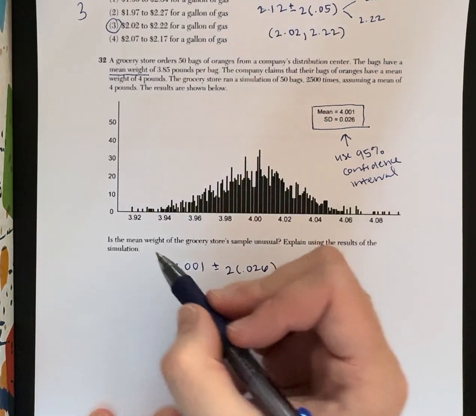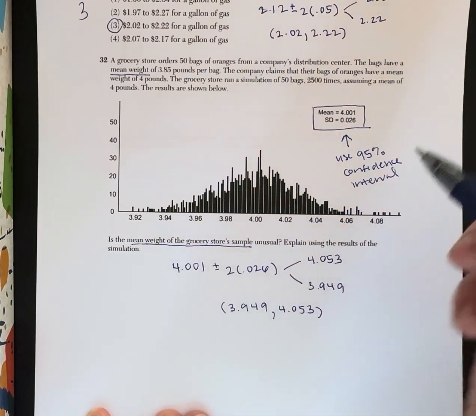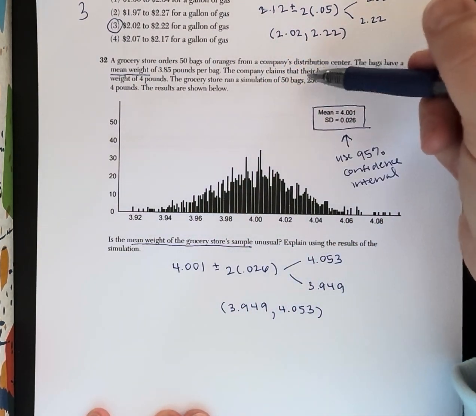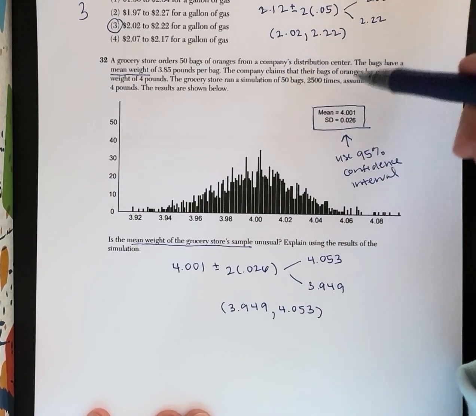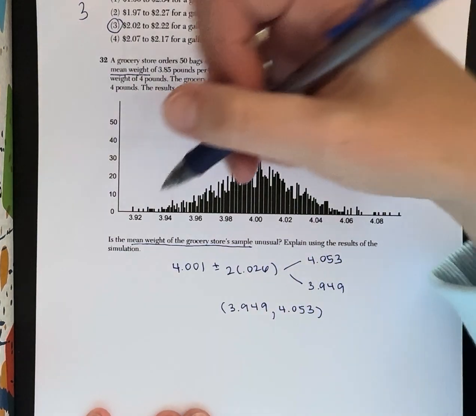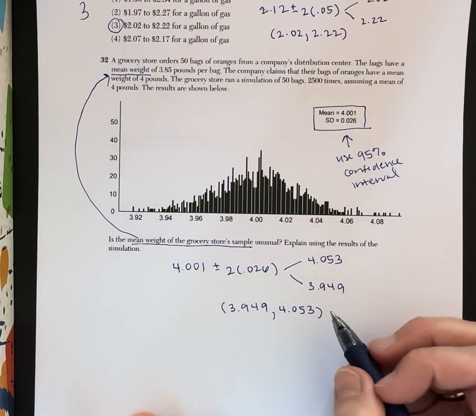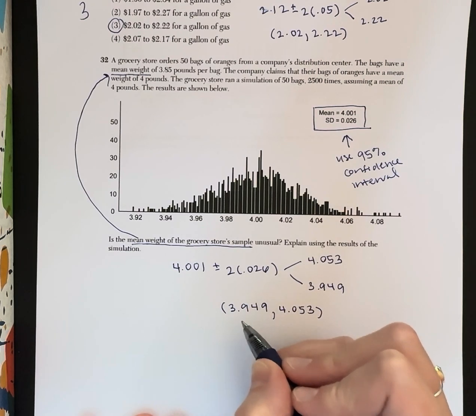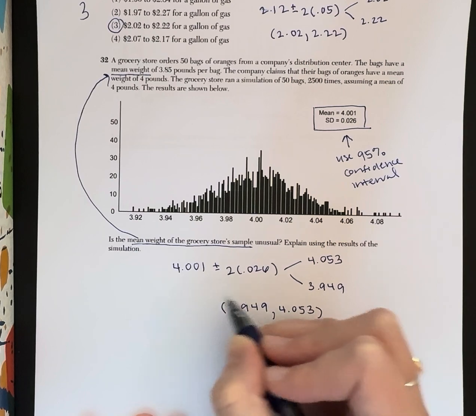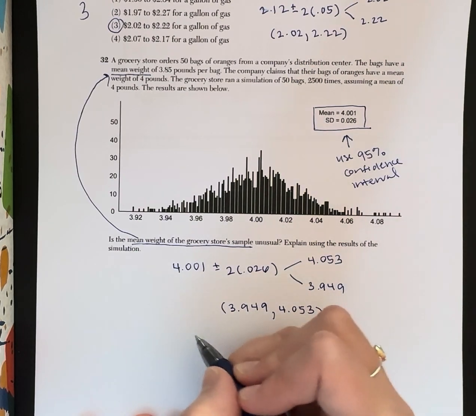So the question is, is the mean weight of the grocery store sample unusual? Whatever they're referring to down here in a short answer question, usually you have to find that information back up in the blurb. So the mean weight of the grocery store sample is, where we underlined it, 3.85. So is 3.85 in this interval or is it out of this interval? 3.85 would be before 3.949, so it's outside the interval.